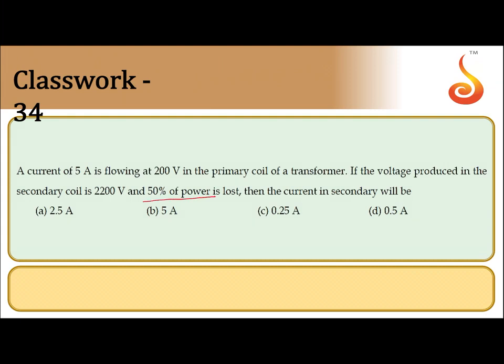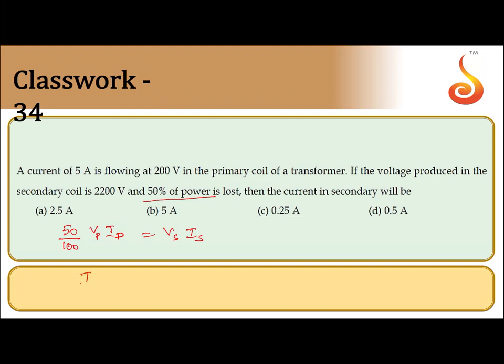So input power is input voltage Vp Ip. So 50% of this, that is 50 by 100th of this, should be equal to Vs Is.